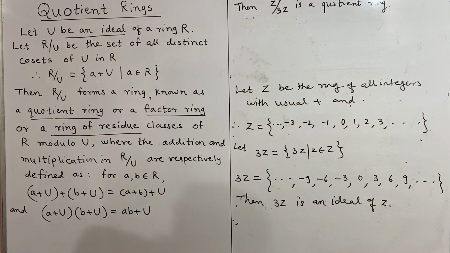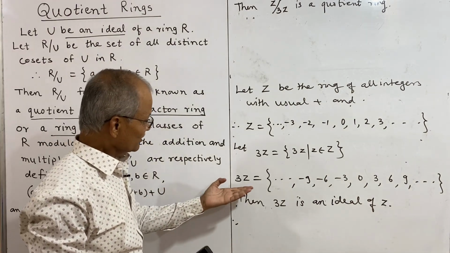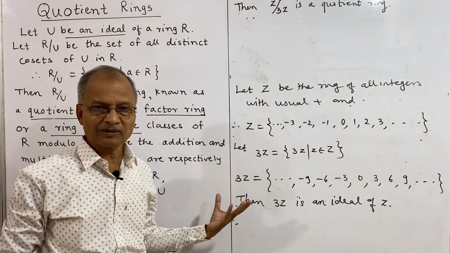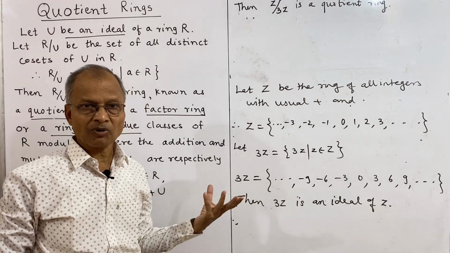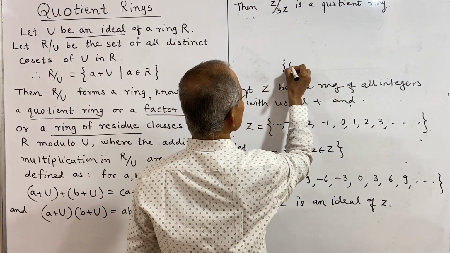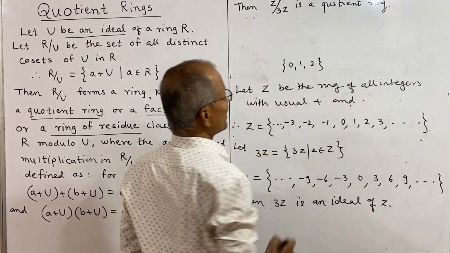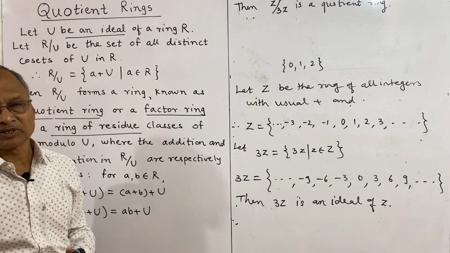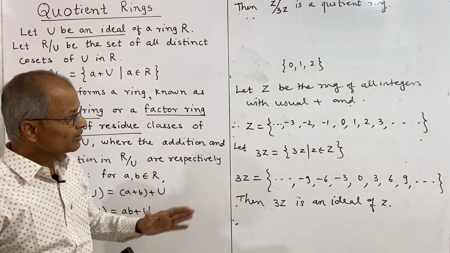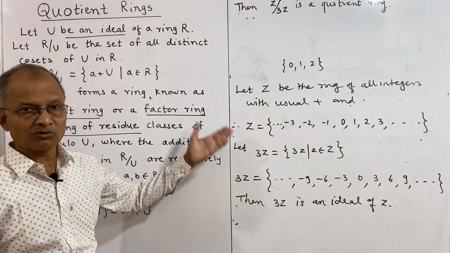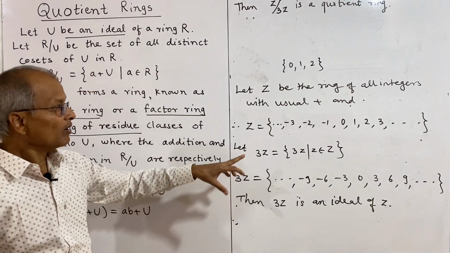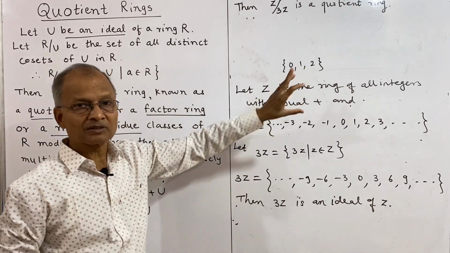Now what will these classes be? We know from number theory that when an integer is divided by 3, the possibilities for the residues or remainders are either 0, 1 or 2. These are the only 3 possibilities, and therefore corresponding to these residues there will be 3 cosets: 0 plus 3Z, 1 plus 3Z, and 2 plus 3Z.